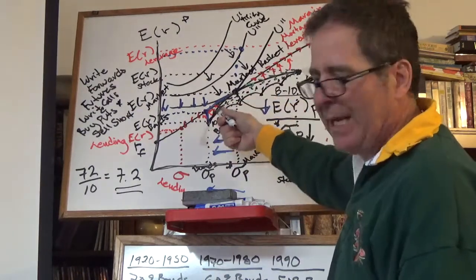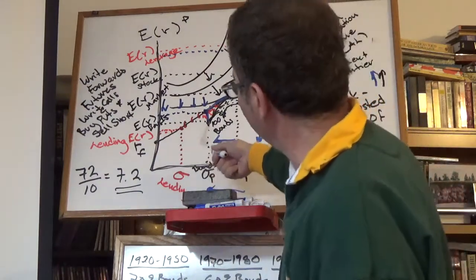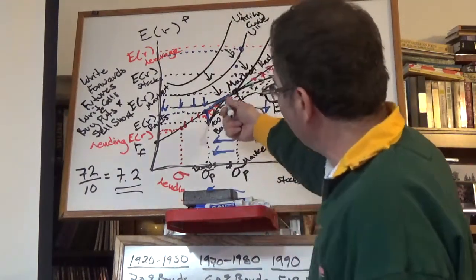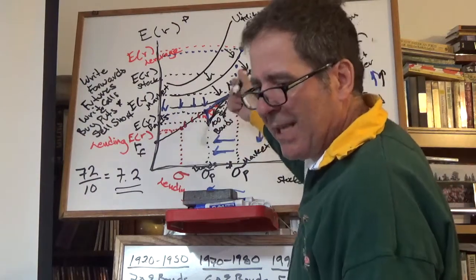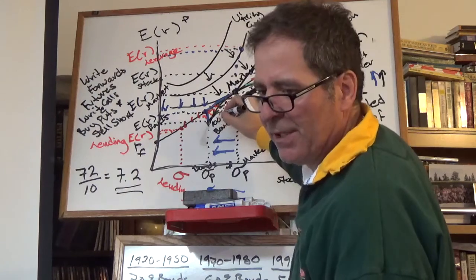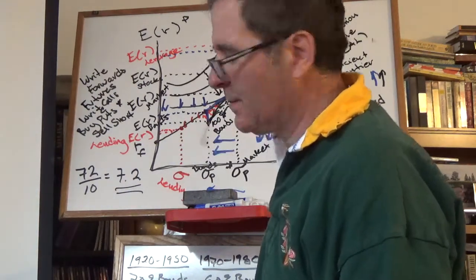By doing that, I'm lowering my return, but I'm significantly lowering the risk on my portfolio. By selling off the stock, I move down the efficient frontier.